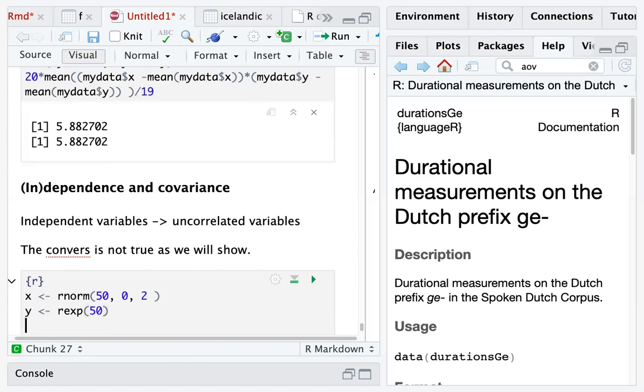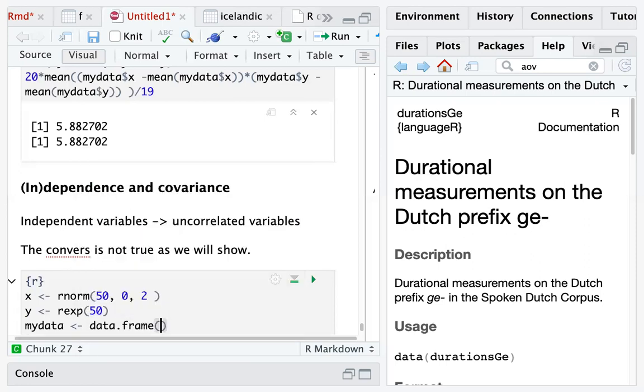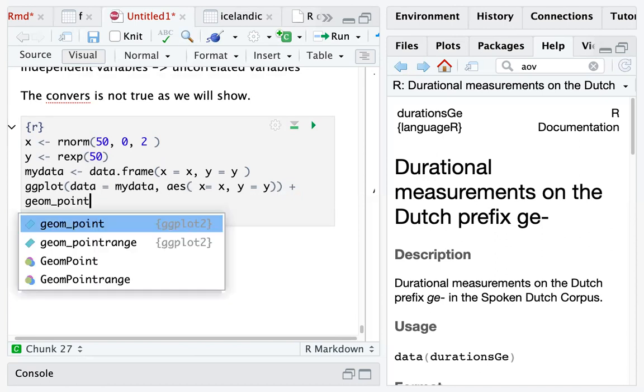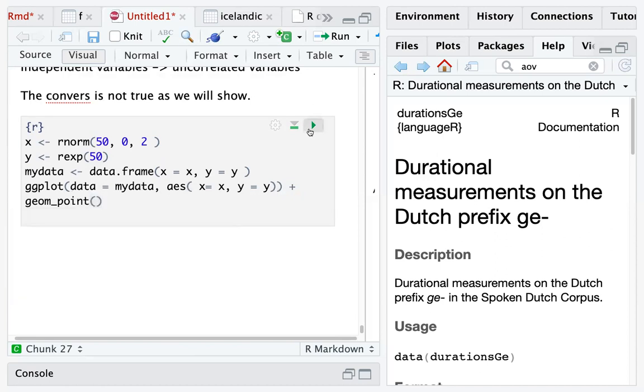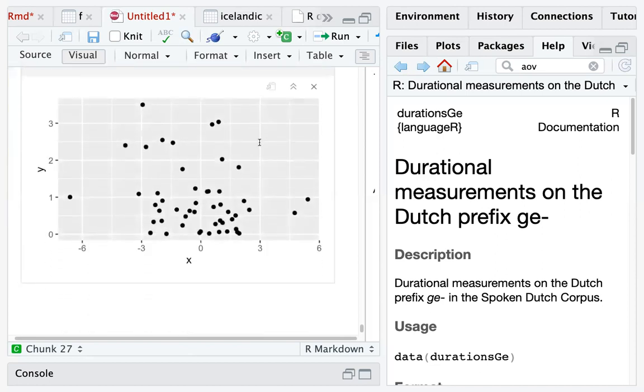Let me save it to my data and plot this data. This is the plot of independent data.